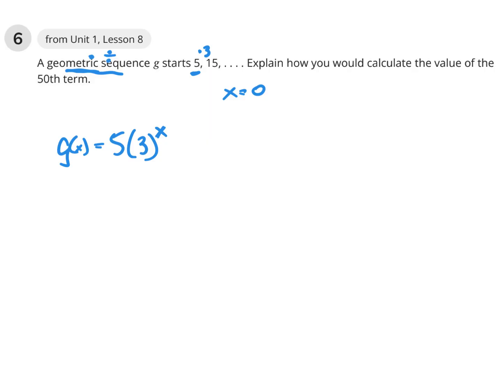You have to really think about this and choose what you're doing. If you start x at 1, then you have to subtract 1 to get back to the 0th term. So if we just put the blue part in the calculator, you will see 5 pop up when x is 0. If you put the red part in the calculator, 5 will pop up as the first term.